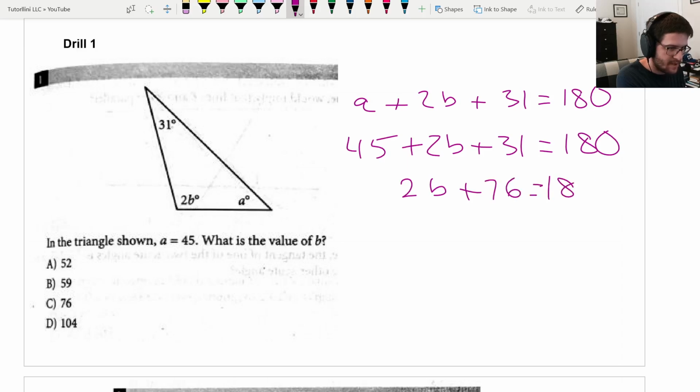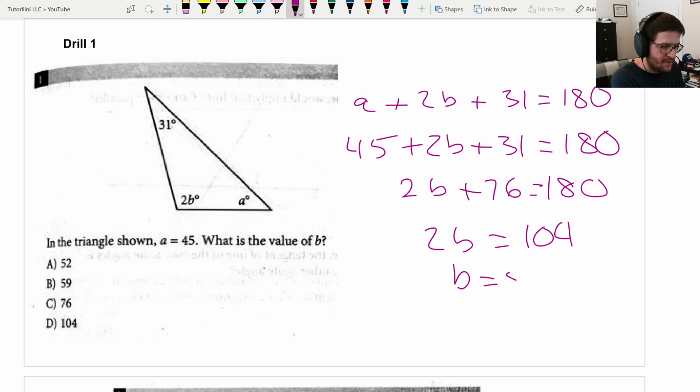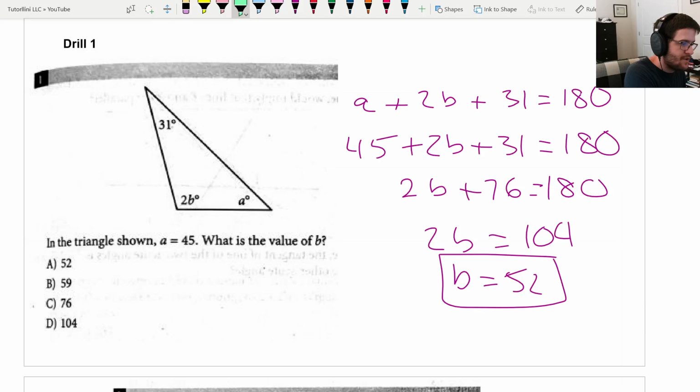I'm going to subtract 76 from both sides. I get 2b equals 104. I'm going to divide both sides by 2, and I get b equals 52. And that is answer choice A. And that is correct. Great.